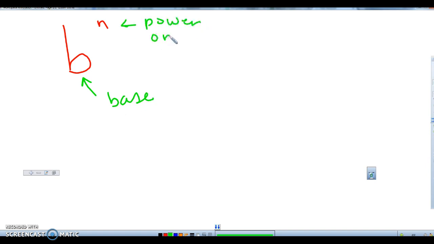So if I have b raised to an n, we need to know what the different parts of this are. This is our base, and this is obviously our power or exponent. And so we could read this as b to the nth power.